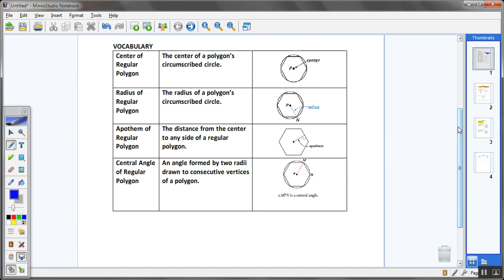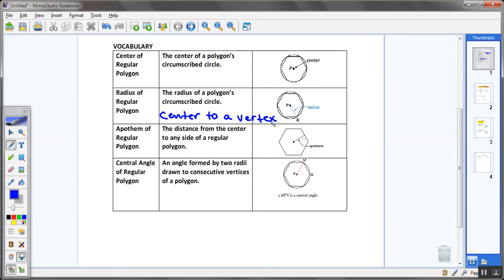Is that okay to say? Yeah. Okay, we're going to say basically the radius is the distance from the center to, and I'm going to write it this way, center to a vertex. And a vertex means an angle, basically, in those polygons. So you know center and you know radius.